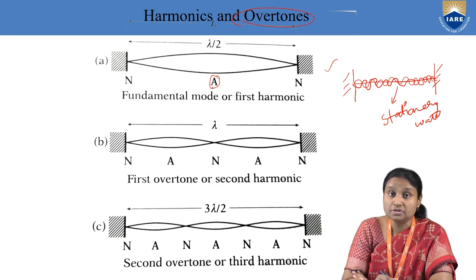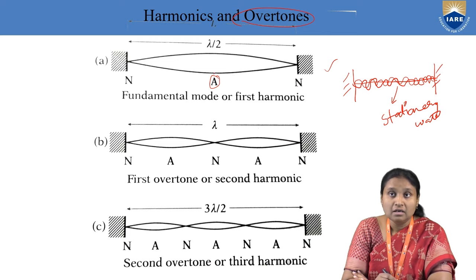And where we have minimum amplitude, or where displacement is zero, that particular point is called a node. So when there is formation of only one loop, in that case we have only one antinode, the position of maximum amplitude.